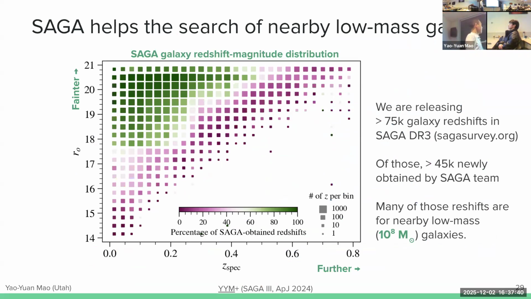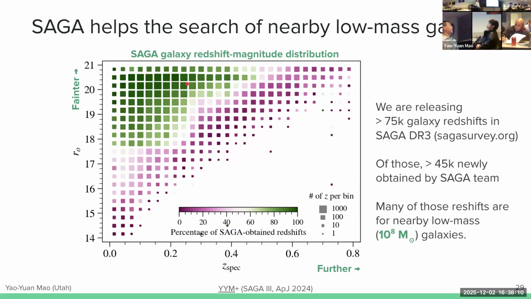If I look at apparent magnitude on the y-axis and redshift on the x-axis, SAGA fills in this very difficult region, where objects are faint and nearby, that we don't have a lot of previous spectra for. The color here shows, in each square, the percentage of redshifts from SAGA versus literature redshifts, including SDSS and DESI.